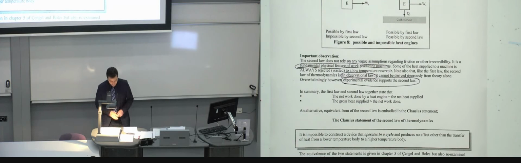In summary, the net work done by a heat engine will be equal to the net heat supplied, and this means that Q1 minus Q2 is equal to Ws. So the net heat supplied will be Q1 minus Q2.